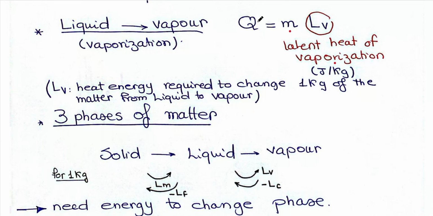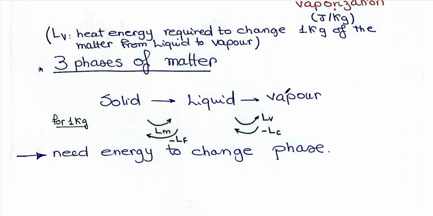If you want the amount of heat, multiply by the mass. So now we have three phases of matter: solid, liquid, and vapor. When you change from solid to liquid for 1 kilogram, you will need Lm, latent heat of melting. And if you change from liquid to vapor, you will need latent heat of vaporization.